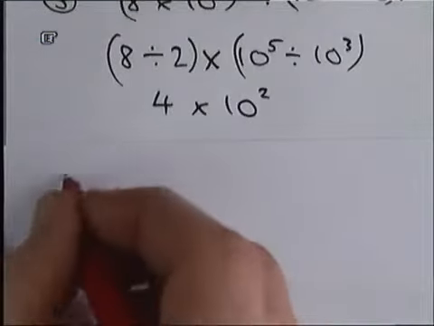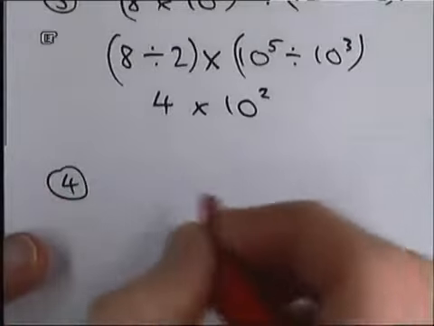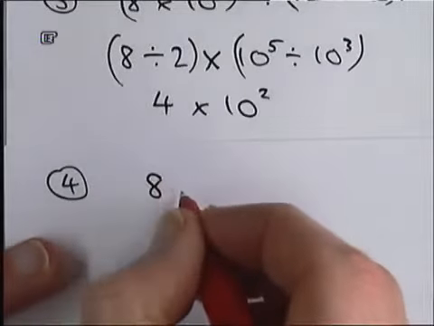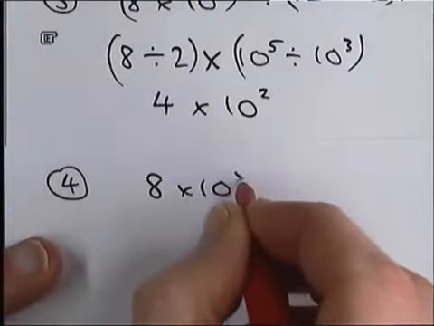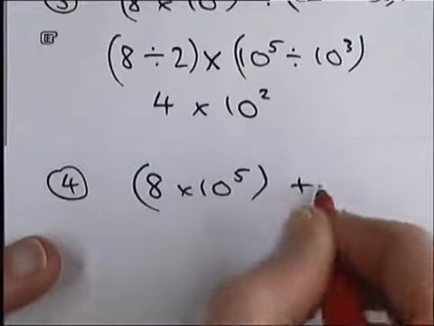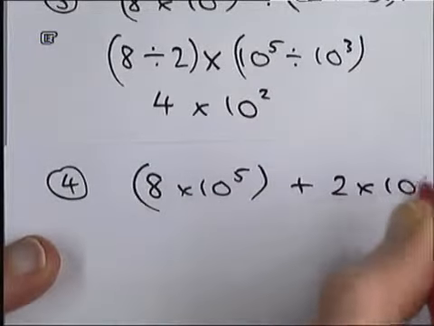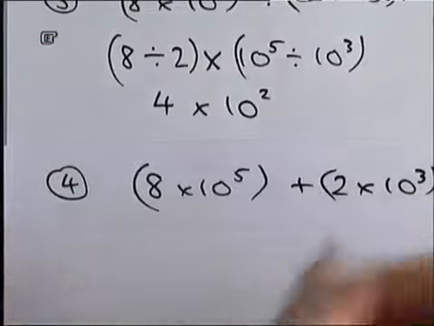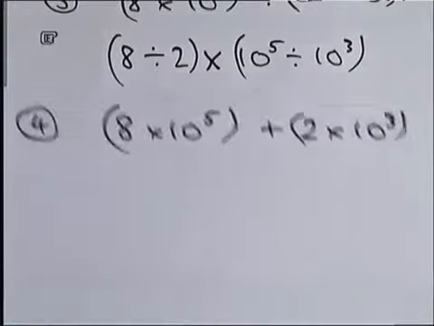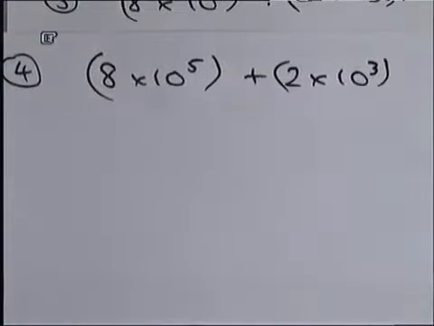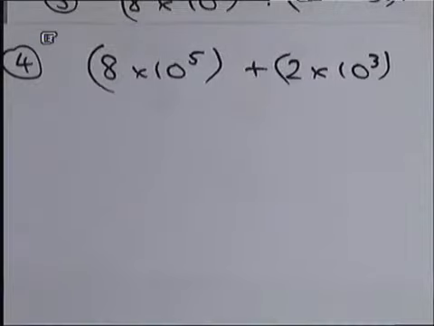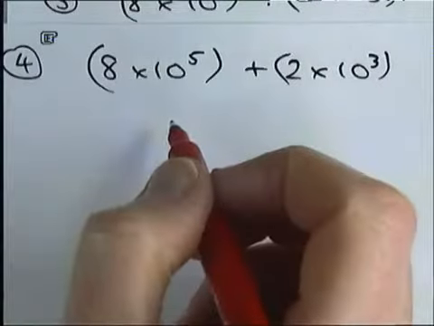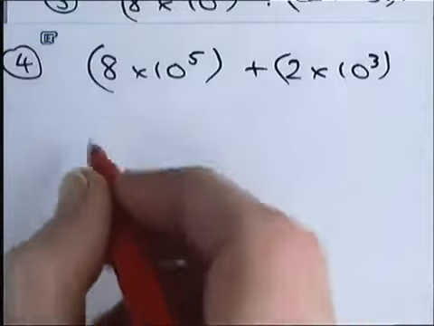If you're asked to do an addition or a subtraction in standard form, for example, if you're asked to do 8 times 10 to the 5 plus 2 times 10 to the power of 3, you can't do any special standard form tricks if you're adding or if you're taking away. The only way to do this really is to write both of these numbers out as normal numbers.